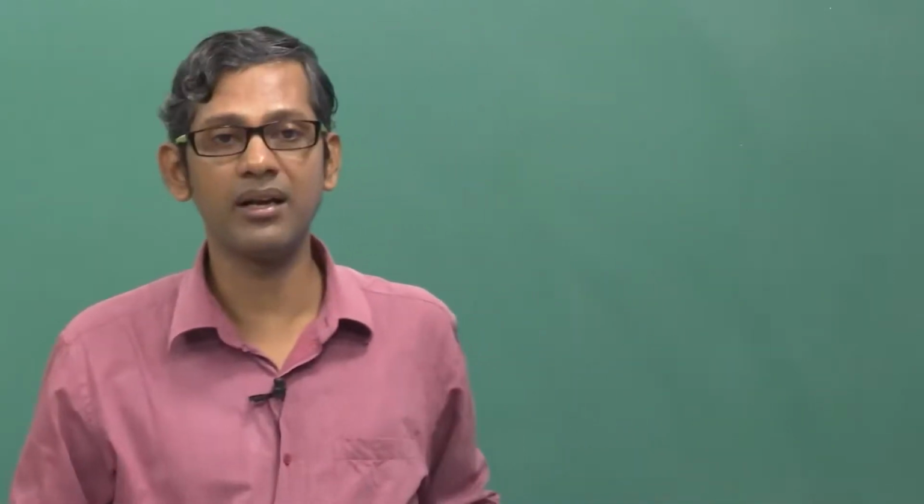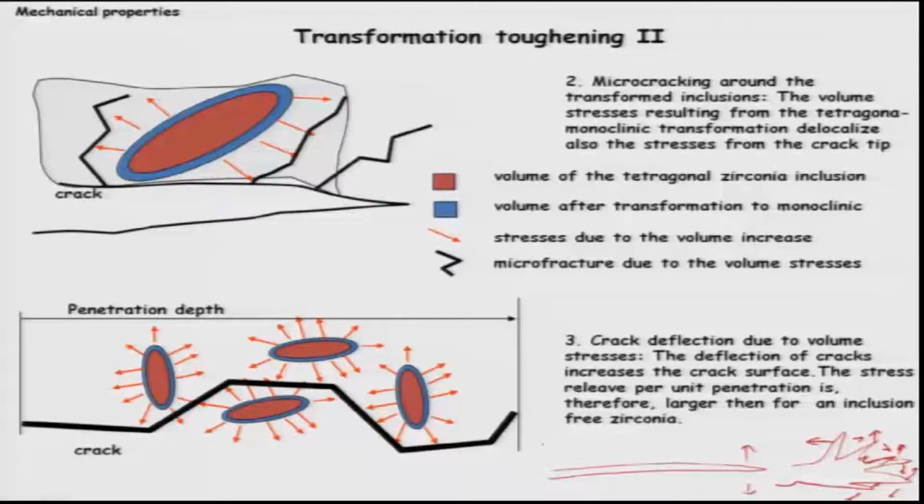In some cases austenite to martensite transformations, austenite to bainite transformation, has a volume change, and this can be used for toughening. But there, because it is a metal, there is a lot of intrinsic toughening, therefore this is not very prevalent, or it does not contribute extensively to the increase of toughness, so it is never used. But in this case the phase transformation from tetragonal to monoclinic can be used to induce toughening in the material.